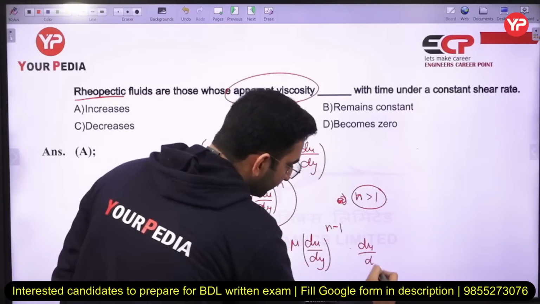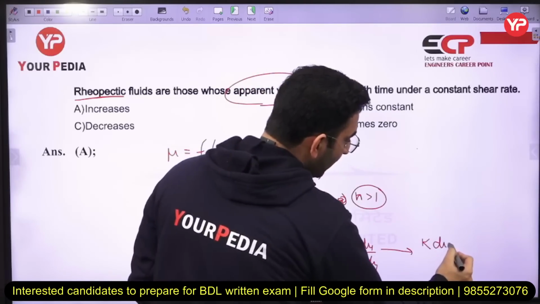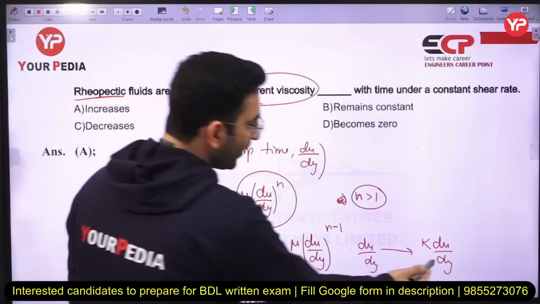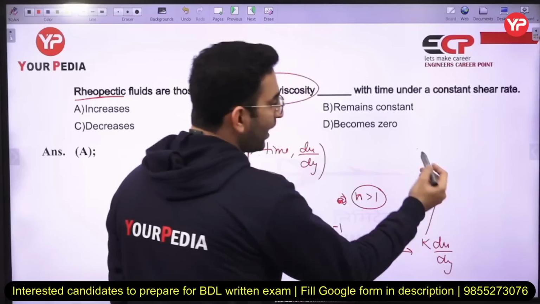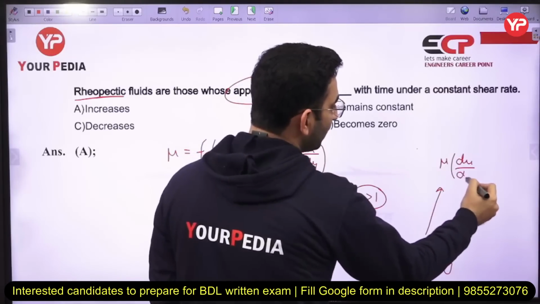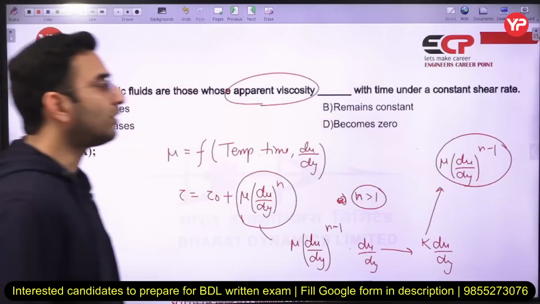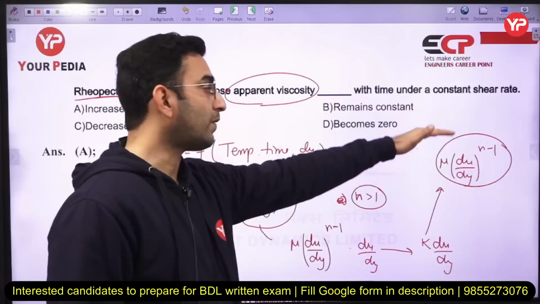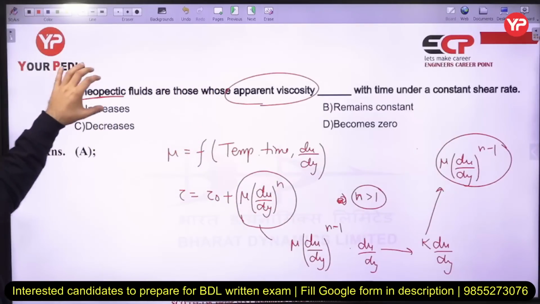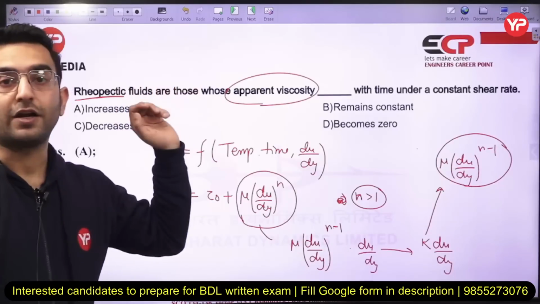So I can write this expression as k du by dy. If I compare these two equations, the value of k is equal to mu (du by dy) to the power n minus 1. This parameter k, or this term mu (du by dy) to the power n minus 1, is known as the apparent viscosity. The rheopectic fluid has the same characteristic as the dilatant fluid.